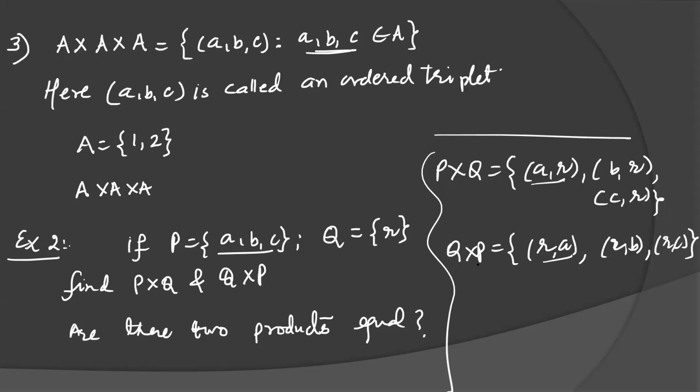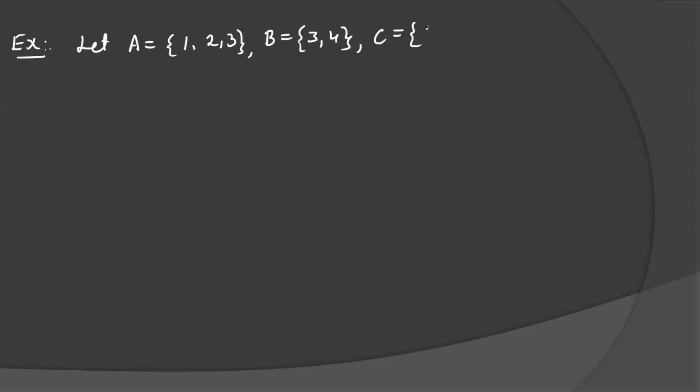Let's see one example as an exercise for all of you. Let set A be 1, 2, 3, set B be 3, 4, and set C be 4, 5, 6. Find part A: A cross (B intersection C).